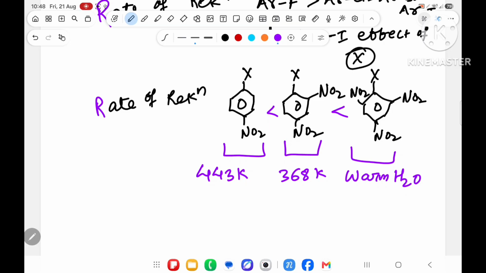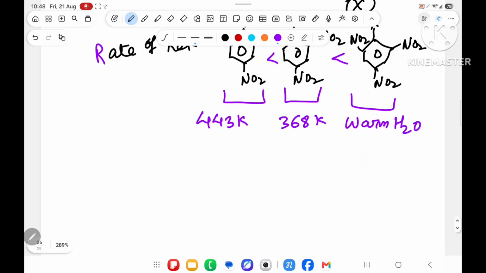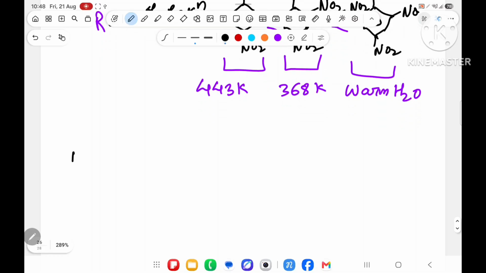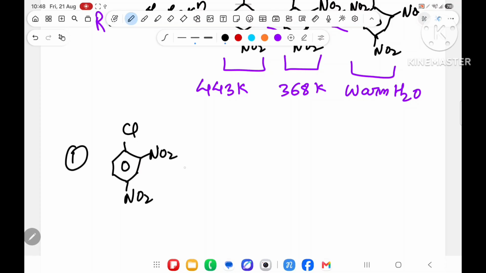Now I am going to write some questions to understand what I am trying to explain. First question: Cl on the benzene ring, NO2 over here, NO2 over here, and they are saying react with NH2. It has a lone pair of electrons.